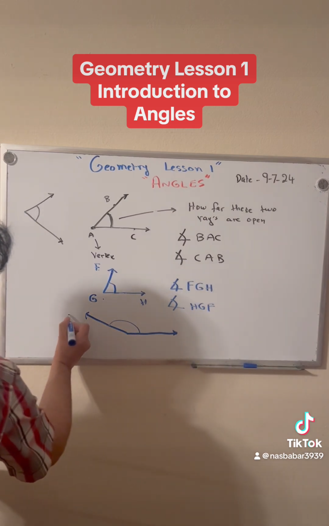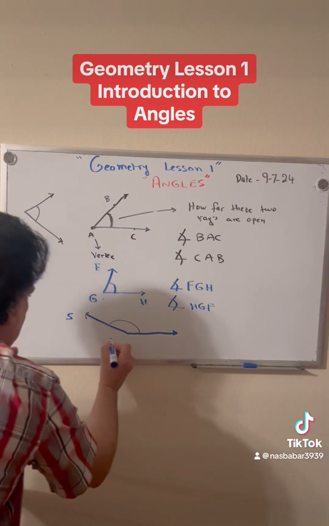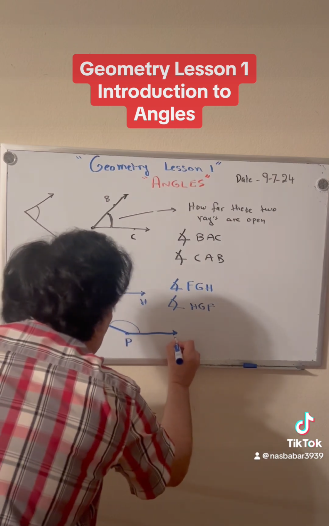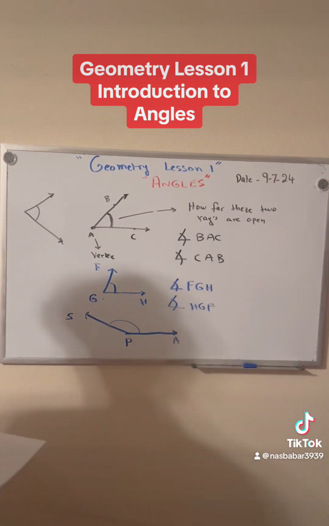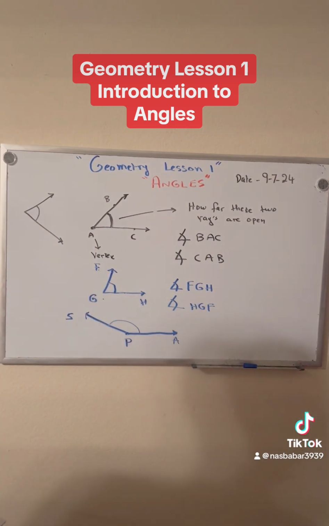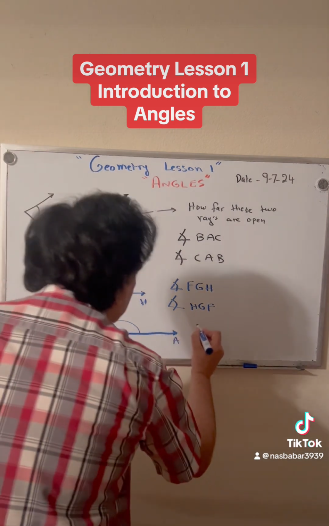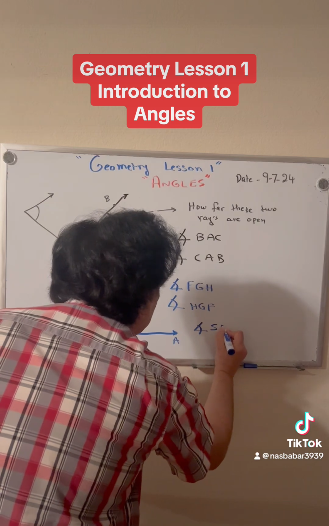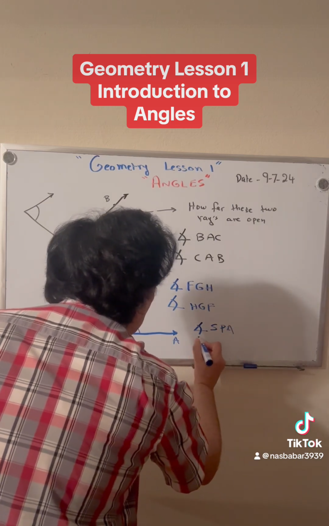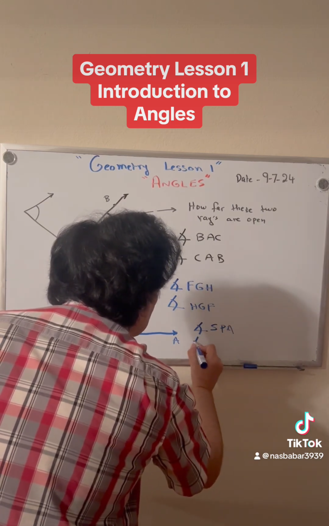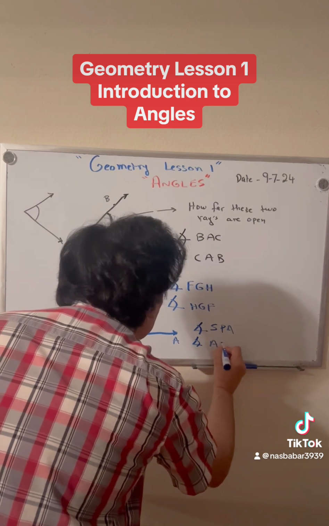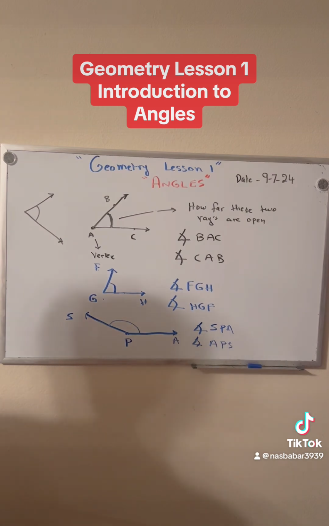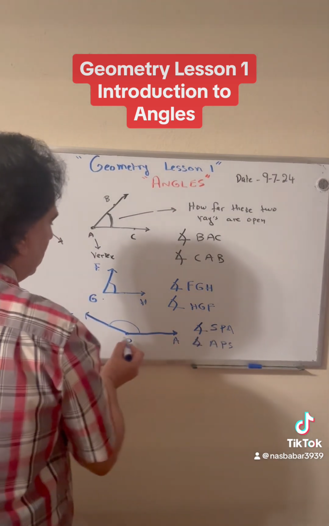We call this S, we call this P, which is the vertex, and we call this A. How would you write the angle? You would say S, P, A, or you can say angle A, P, S. Fair? You notice that the vertex P is always in the middle.